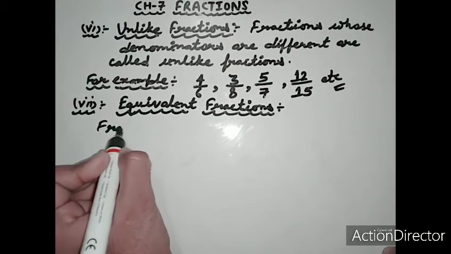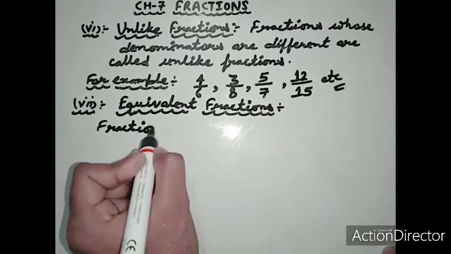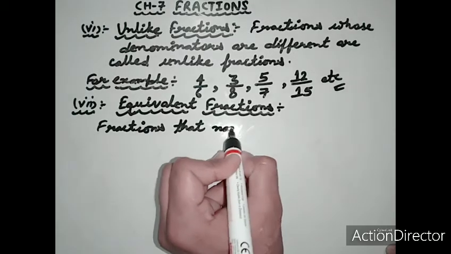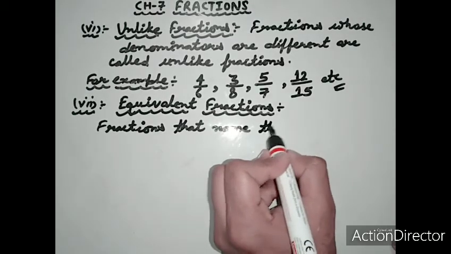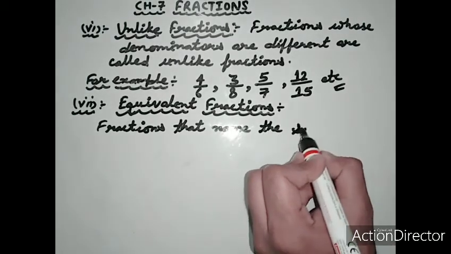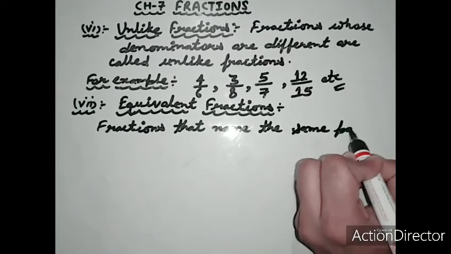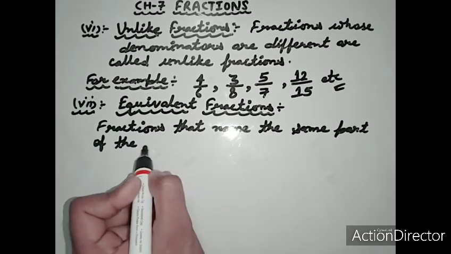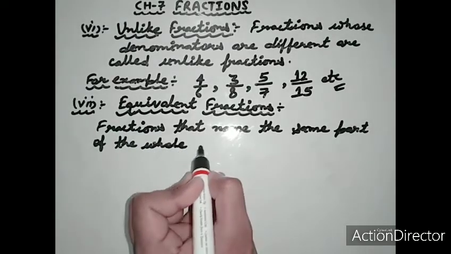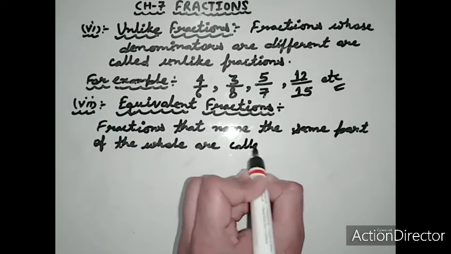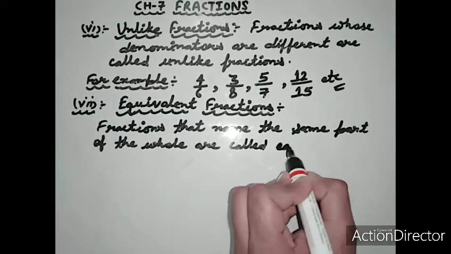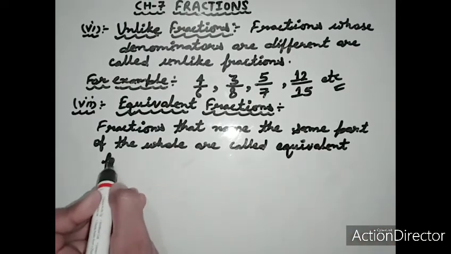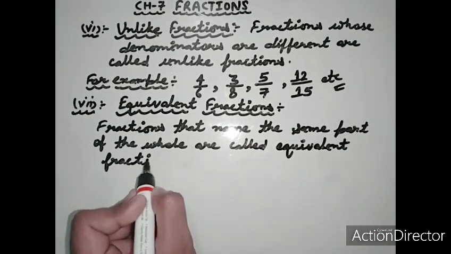Fractions that name the same part of the whole are called equivalent fractions. So here we write: fractions that name the same part of the whole are called equivalent fractions.